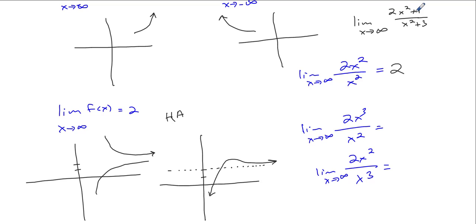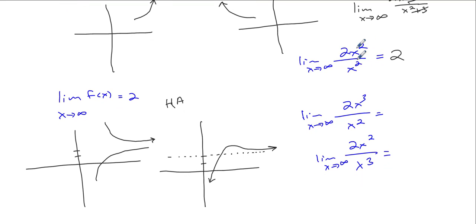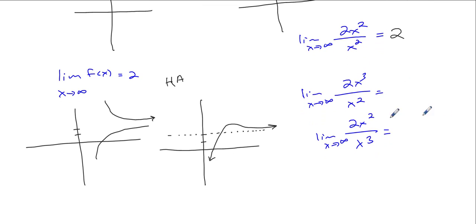Not necessarily. If you go to infinity, does adding 3 really matter? So that would make this plus 1, this plus 3 insignificant, and you're back to square one again. So if the powers are the same, top and bottom, it's just a ratio of the coefficients. And don't worry, we're going to go over that later.